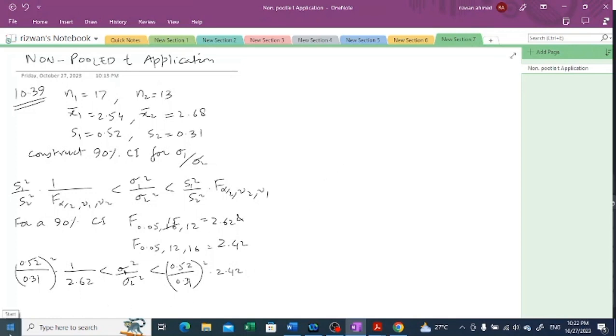And now we can compute the answers. 0.52 divided by 0.32 squared, then divided by 2.62, that's 1.07.